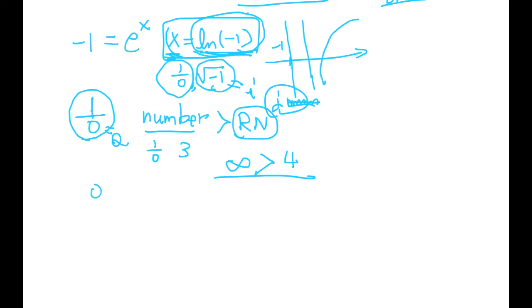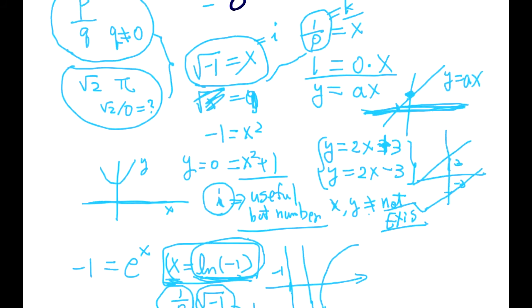Then what is 0 over 0? Oh my god. Here's another monster. 0 over 0, again, is not a number, because you remember, this q cannot be 0.